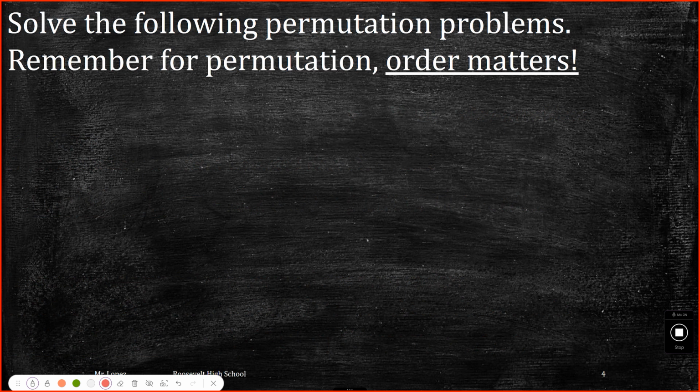All right, let's practice doing these permutation and combination problems. So we're going to solve the following permutation problems. Remember that for permutation, order matters. So there are 4 students, and I'm going to pick 3 for 3 slots.